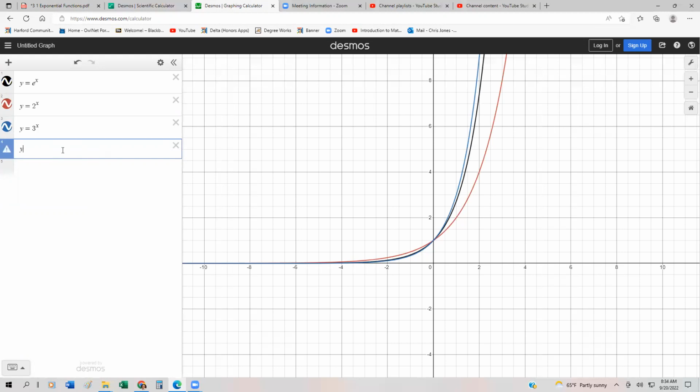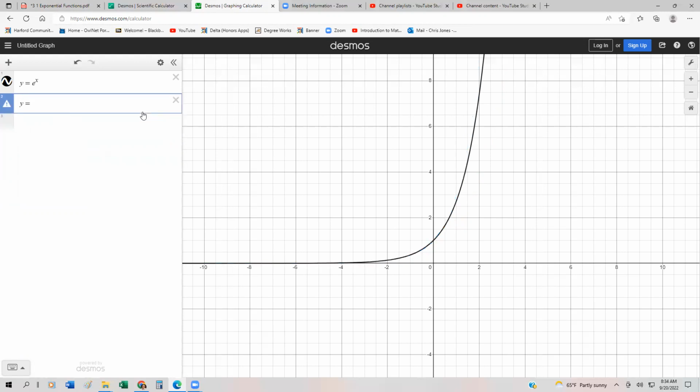So remember, if I wanted to plot, let me get rid of these just for fun, y equals 2.71828 raised to the x. And notice that the green line is almost the same as the black line, just because these numbers are really, really close to one another. So just verifying that was the number that we got for this.